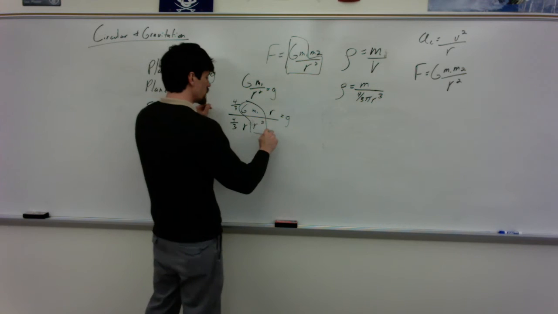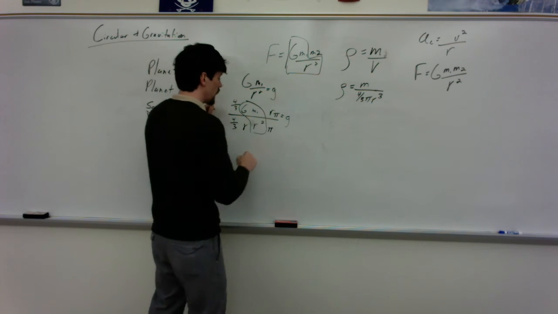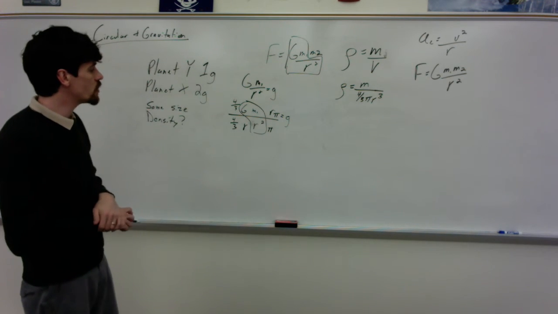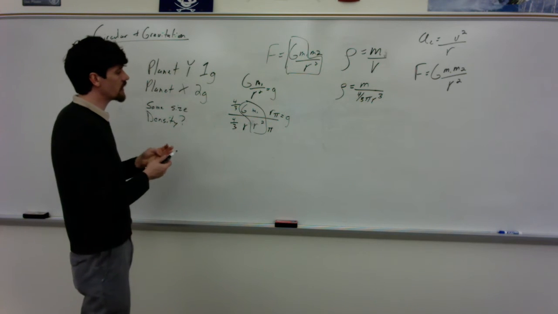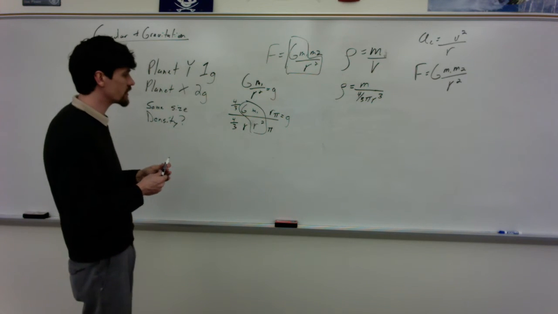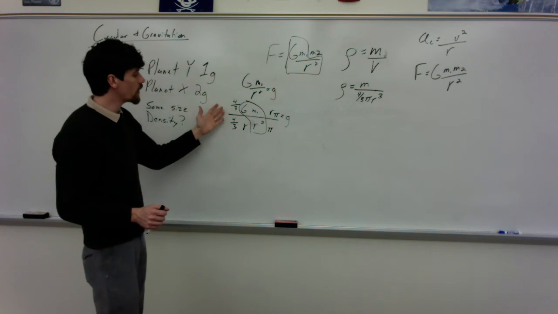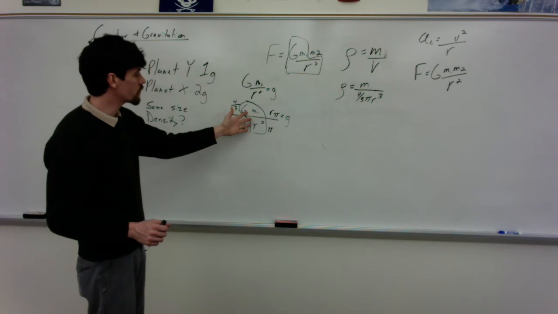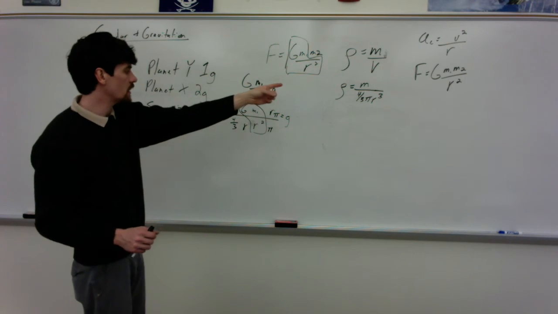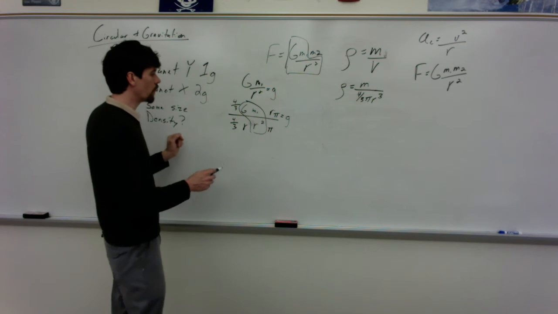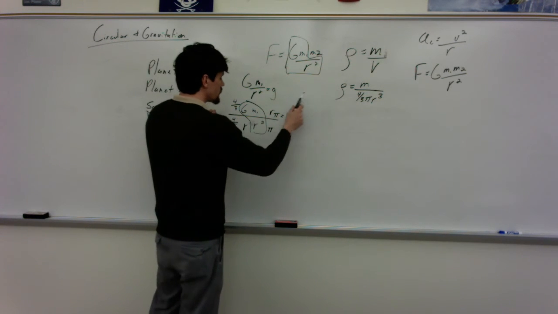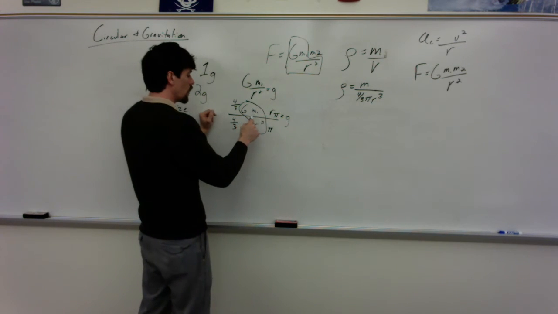Excuse me, and I need to divide by pi and multiply by pi. Okay, now, in doing that, you say, okay, doesn't that look all kinds of weird and ugly as I just did that? But I just went ahead and I rewrote it in terms of my original conditions, and I rewrote it so I can go ahead and make this thing rho in terms of the density. So it's m over 4/3 pi r cubed.